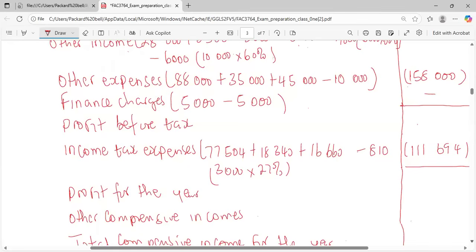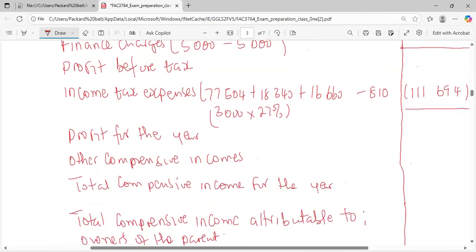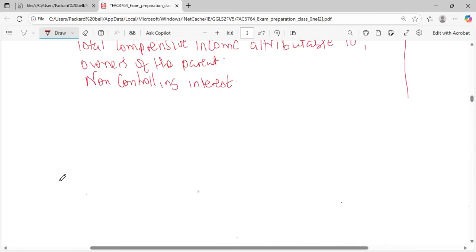They won't give you those marks. Right, so this is how it will look like. So now we need to do the calculations. I think we should do the analysis of owner's equity. So this is going to be our calculations.